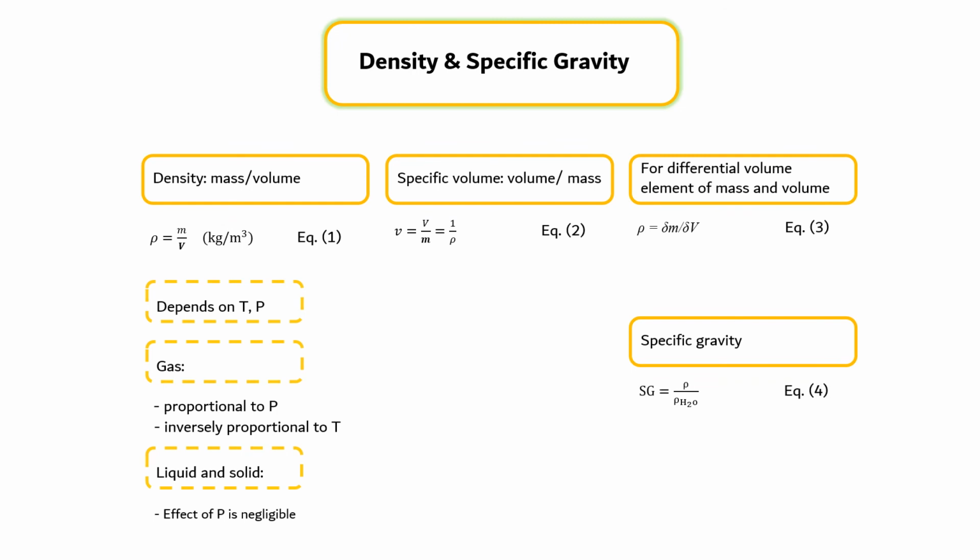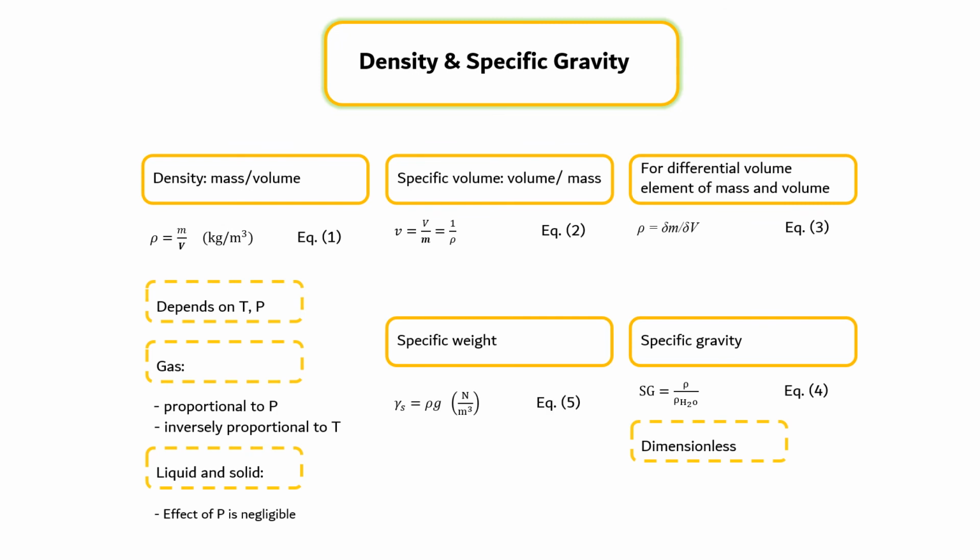Specific gravity is defined as the ratio of the density of a substance to the density of some standard substance at a specified temperature as shown in equation 4. The weight of a unit volume of a substance is called specific weight. The densities of liquids are essentially constant, and thus they can often be approximated as being incompressible substances during most processes without sacrificing much accuracy.